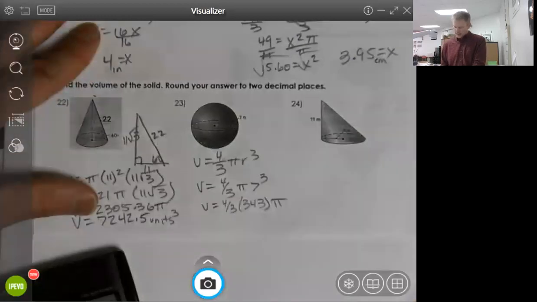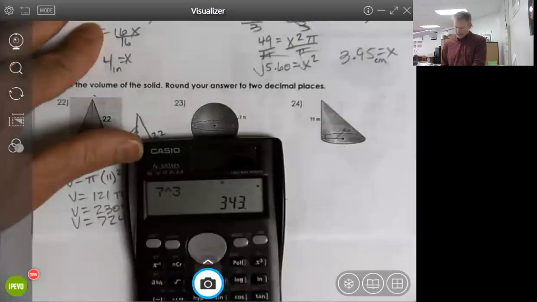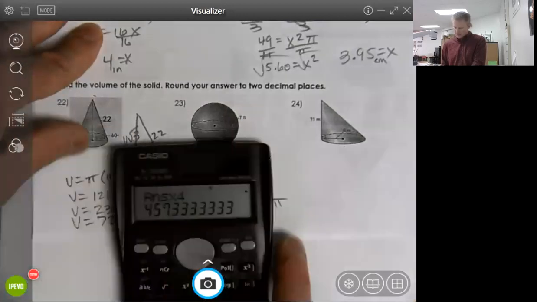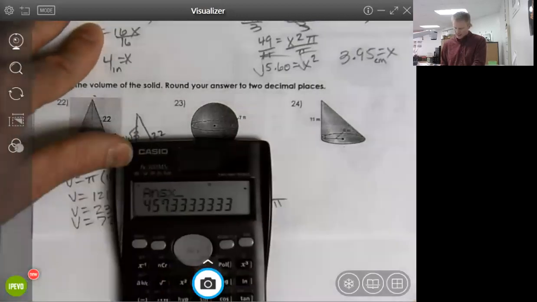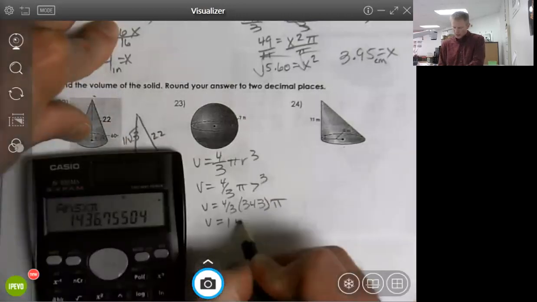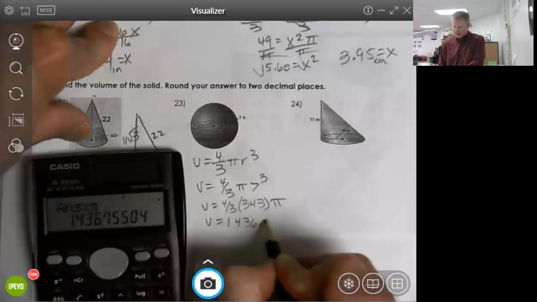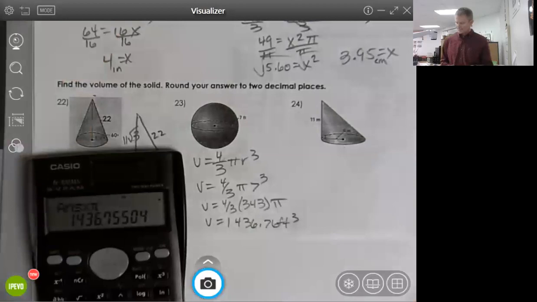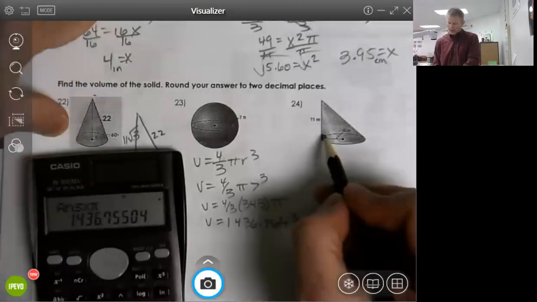All right, you can divide that by 3 and times that by 4. Then we have this value times pi. So we times it by pi and we get a volume of 1,436.76 feet cubed.